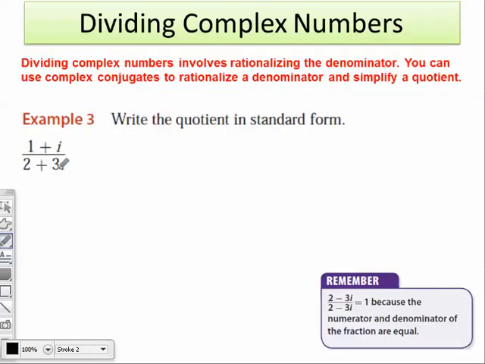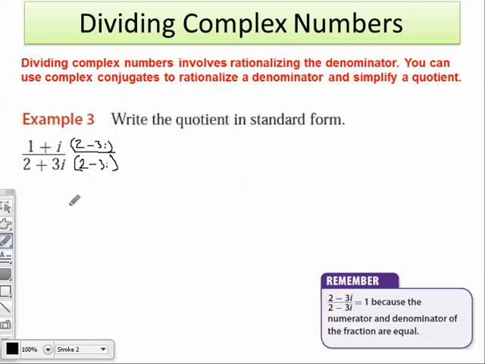If I see something like this, the reason I had to have the conjugate was to rationalize this like we did the square root functions. To rationalize this like we did the imaginary numbers, we need to multiply this by its conjugate, 2 minus 3i, divided by 2 minus 3i.